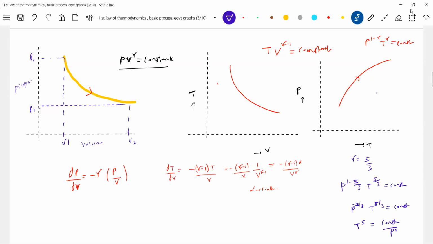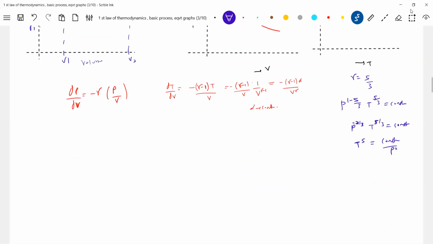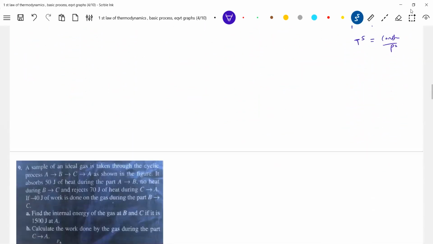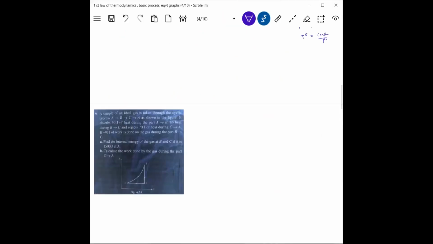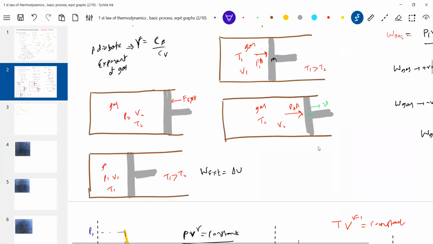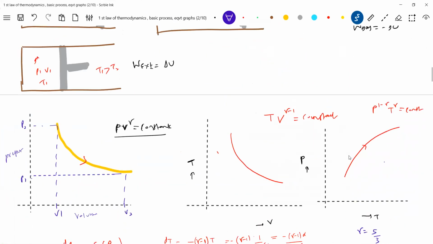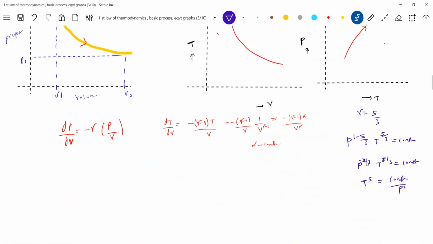T to the power of 5 equal to constant into P squared will come there. Yes, sir, P squared, okay, this one. And I'll rewrite here.